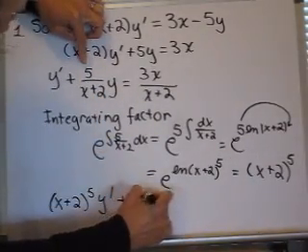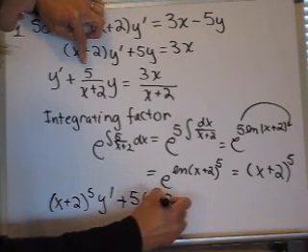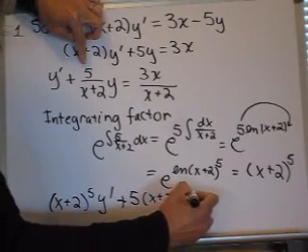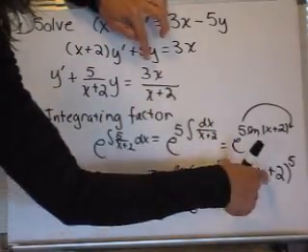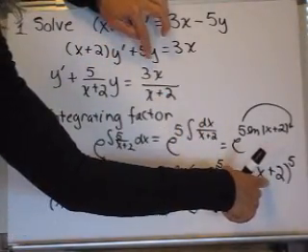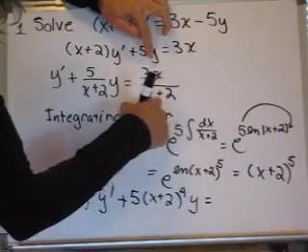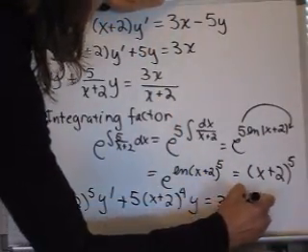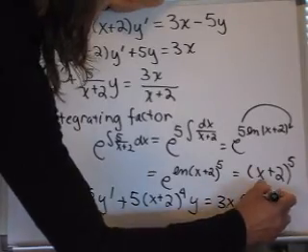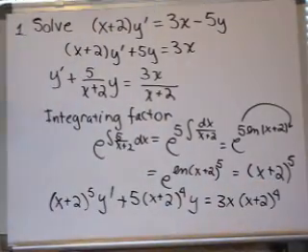So I get 5 times x plus 2 to the 4th power times y is equal to, and then again I'm going to get a cancellation of one of the x plus 2 factors with the denominator. So I get 3x times x plus 2 to the 4th power.